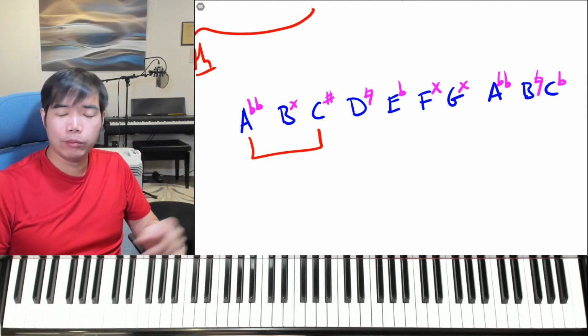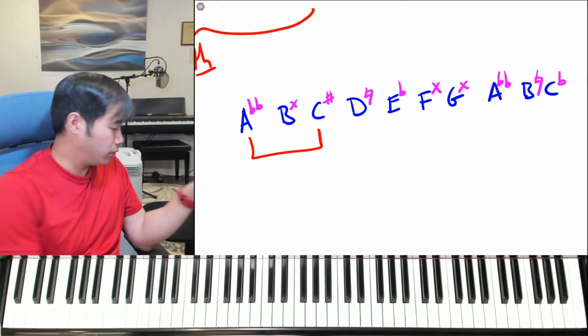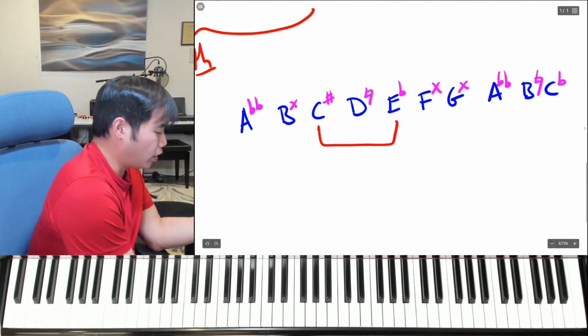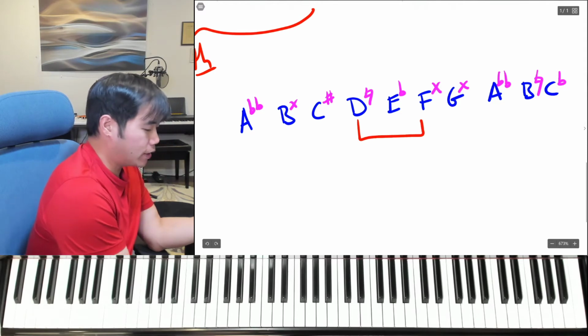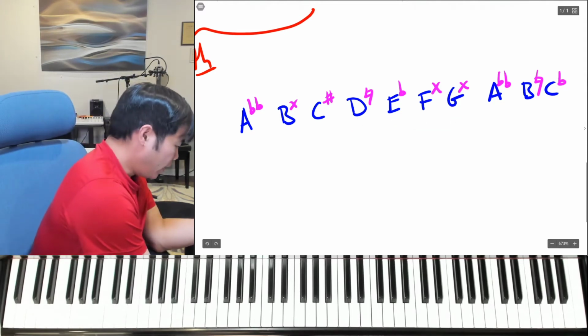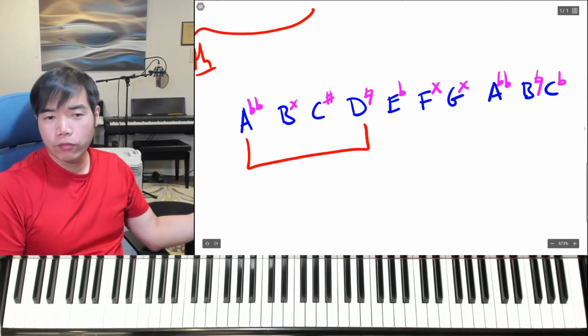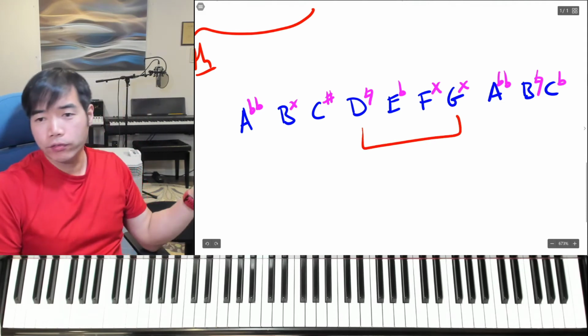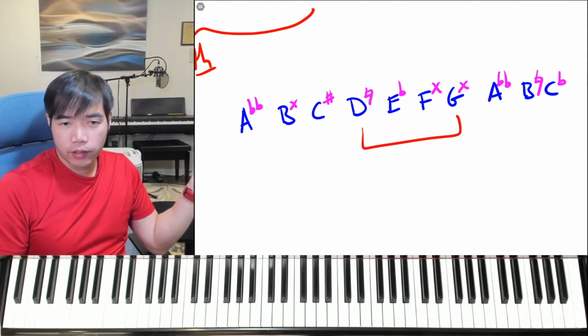I don't care if it's A double sharp to C double flat. B to D is always a third. C to E is always a third. D to F is always a third. E to G is always a third. A to D is always a fourth. 1, 2, 3, 4. D to G is always a fourth, regardless of the accidental.